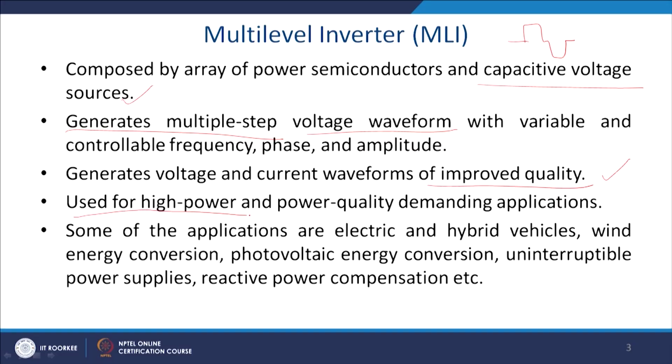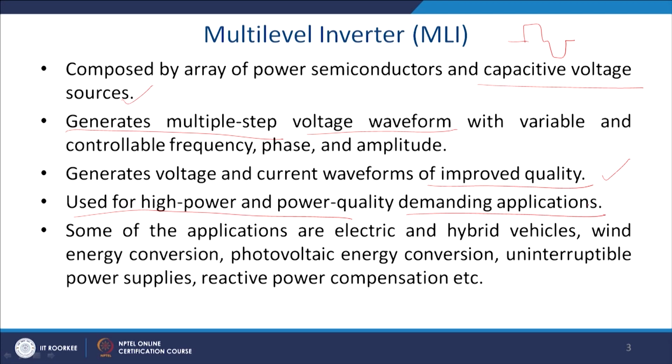Once you only try to compensate the harmonic part of it, then it becomes a shunt active power filter. It is used for high power and power quality dependent applications.